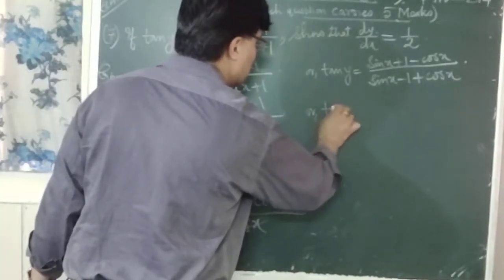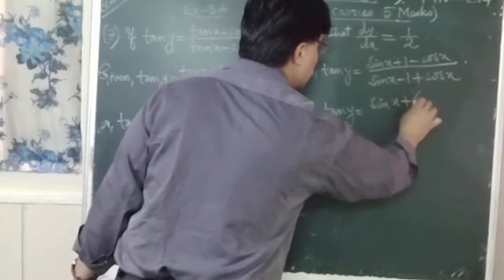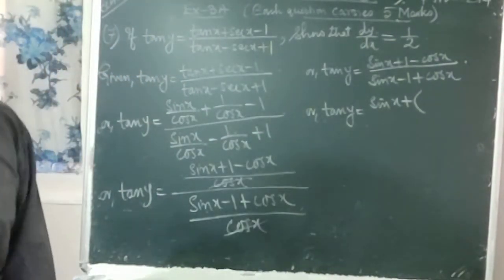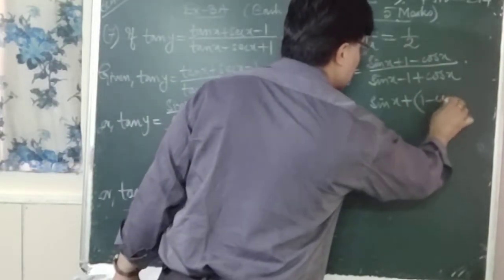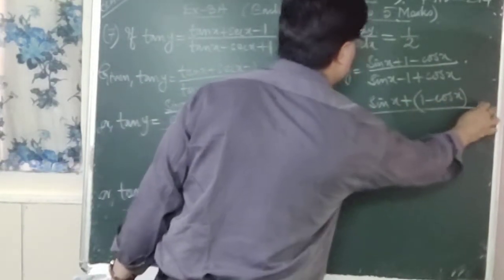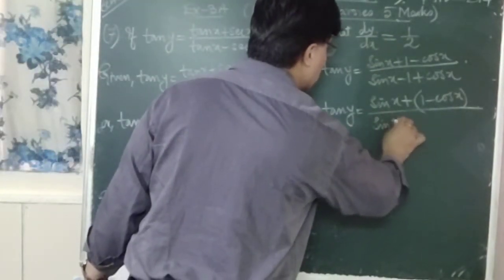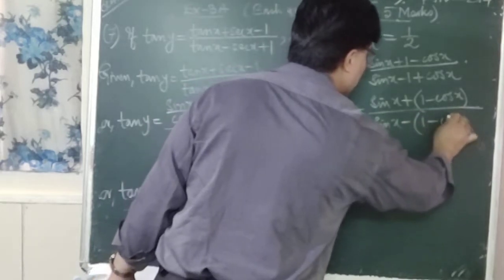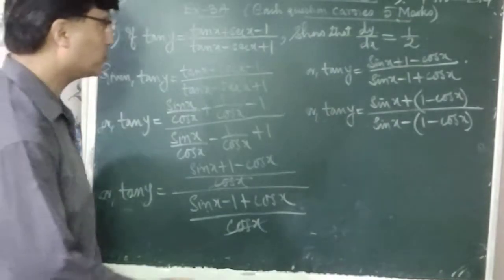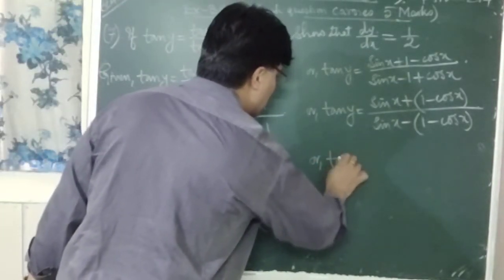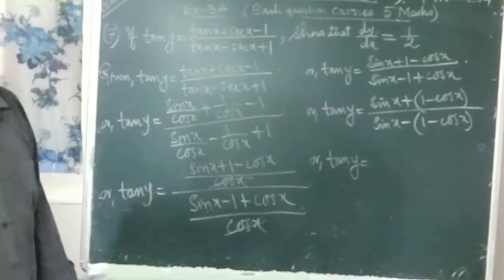So tan y is equal to sin x plus, let us keep it within bracket, 1 minus cos x, because you know the formula for 1 minus cos x, isn't it? So 1 minus cos x is kept within bracket, divided by, in the denominator, this is your sin x minus, common within bracket, 1 minus cos x. Okay, is that clear? Or tan y is equal to what? Let us use the formula here.